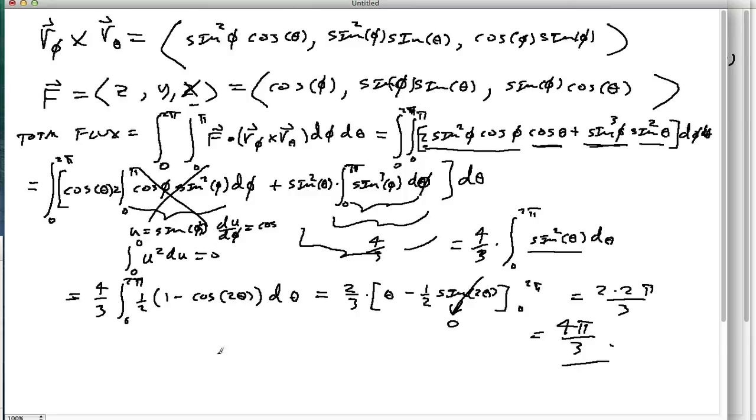And again, that's the total flux of this vector field here through the sphere. So we're going to see this is an incredibly important tool in vector calculus, and will really help us when we're thinking about flux of fluids. It's going to help us with what we call conservation principles.